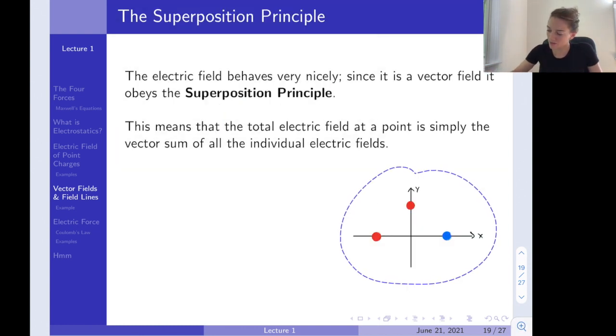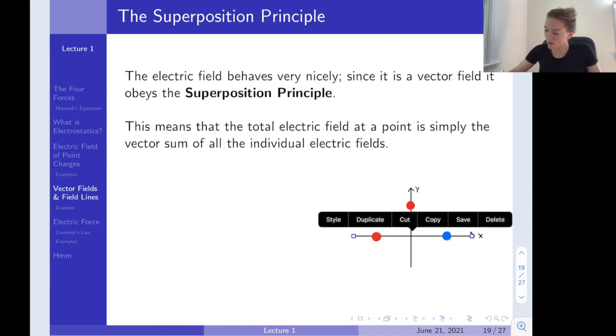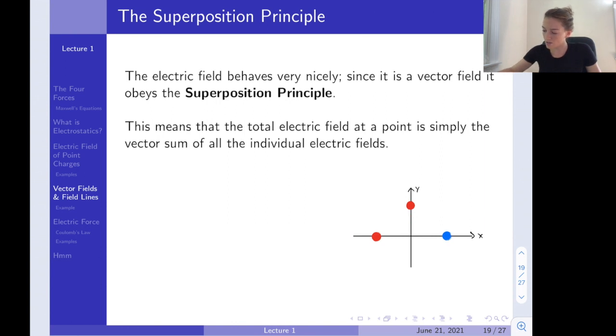So if we have some distribution of charges, and we want to find the total electric field at some point, like out here, all you would have to do is say, okay, what's the electric field due to this charge at that point? What's the electric field due to this charge at that point?